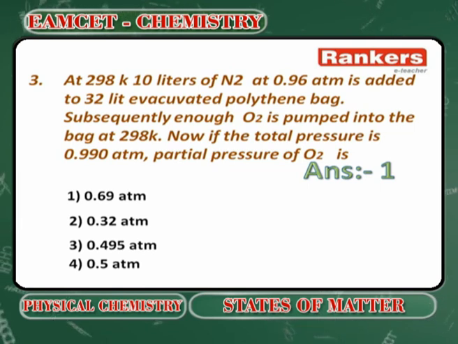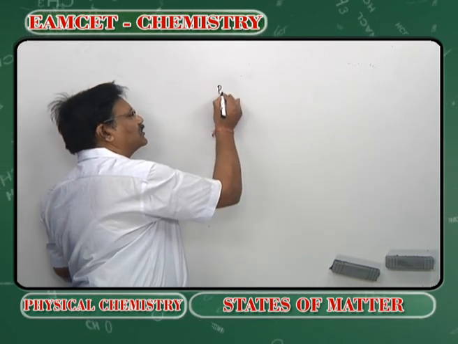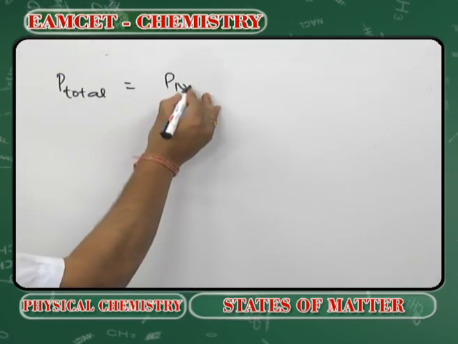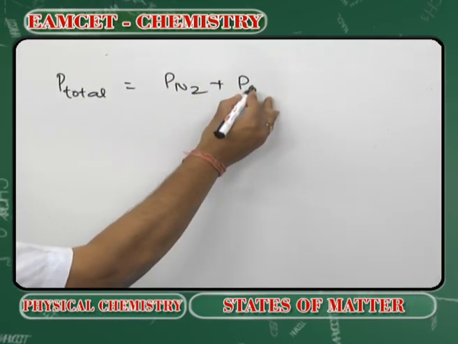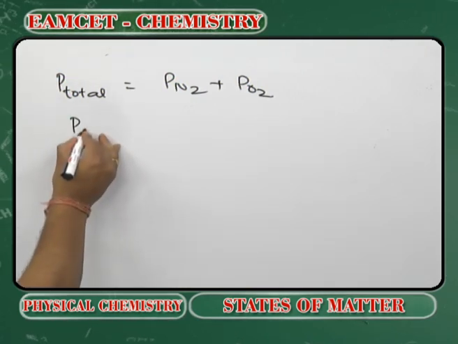If the total pressure is 0.990 atmospheres, the partial pressure of the oxygen is... this is simple Dalton's law of partial pressure. P total is equal to partial pressure of the nitrogen plus partial pressure of the oxygen. Now we have to calculate the partial pressure of the oxygen.